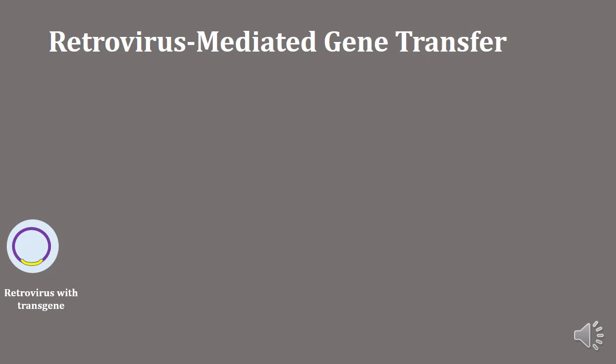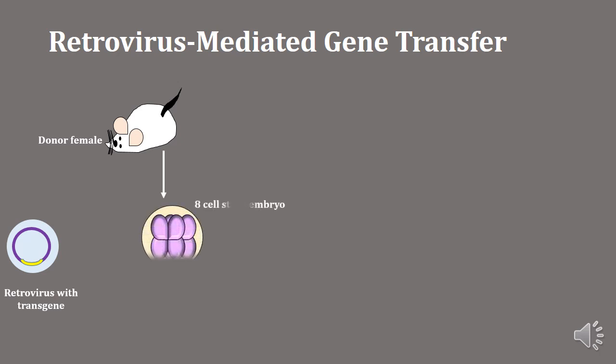We replace the virus gene with our gene of interest and then we take a donor mother and isolate an early stage embryo from this donor female. Say for example, we will isolate an 8 cell stage embryo.